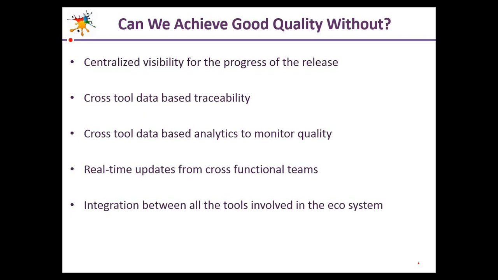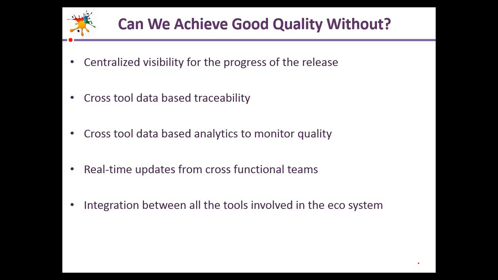They are geographically distributed, and they also use different tools for their own purpose. So from the management perspective or from the quality perspective, if we don't have a central tool which allows you to view the traceability across all these tools, or to view the tool data-based analytics, then the biggest problem is how to monitor the quality.